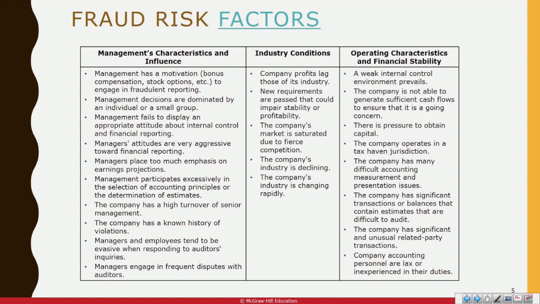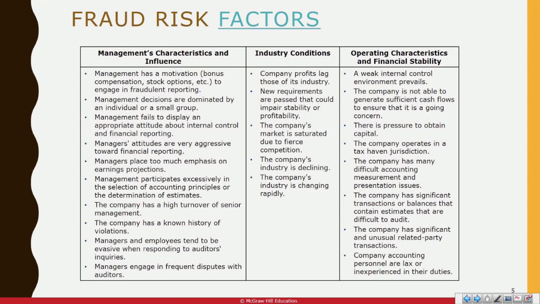So let's say, for example, estimates. If they're always pushing the envelope when they develop their estimates, do they tend to be more aggressive? For example, with obsolescence, aggressive from a management perspective would mean they're looking to report a lower obsolescence reserve, because that would result in a lower expense, and then obviously higher net income.